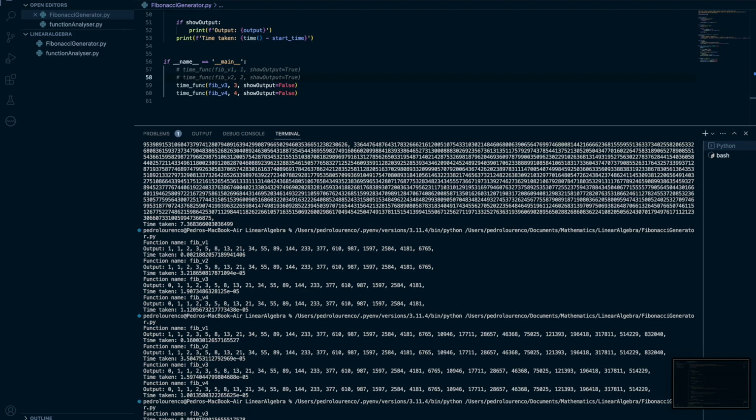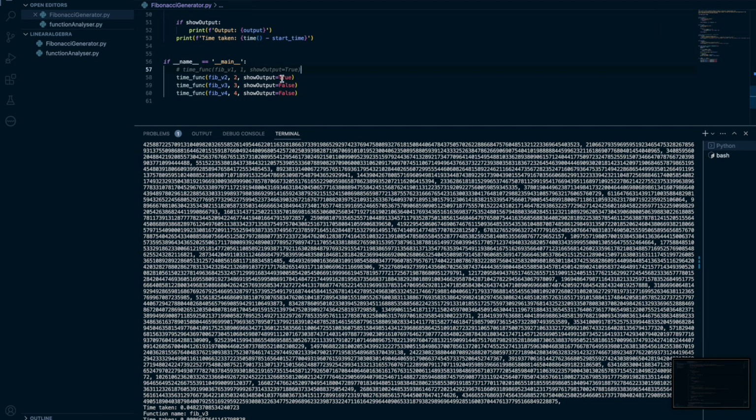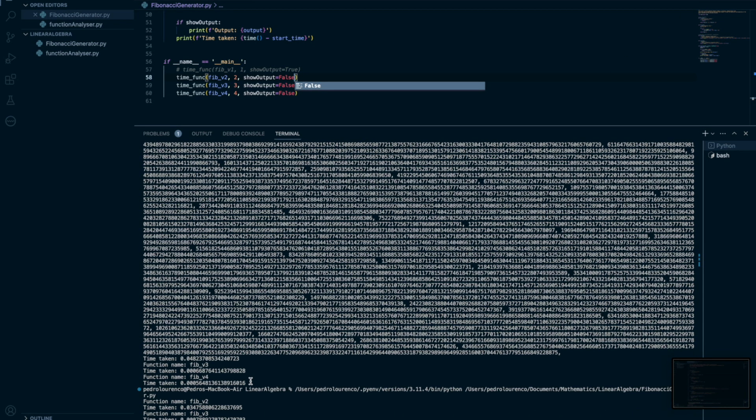This one obviously takes less. So just out of curiosity, let's try version 2 and see if it actually finishes. Let's take this off, sorry. So version 2 took 0.03475. Versions 3 and 4 took way less.